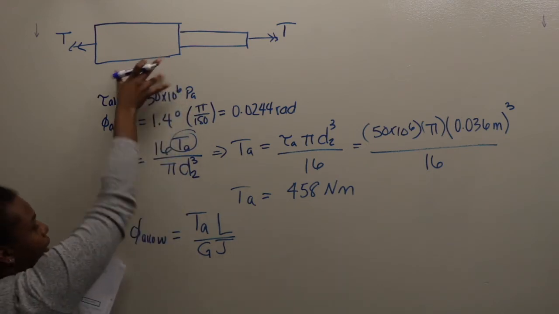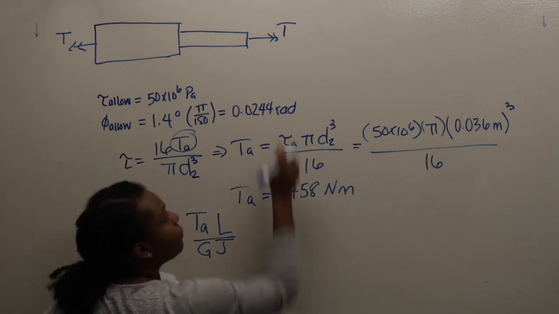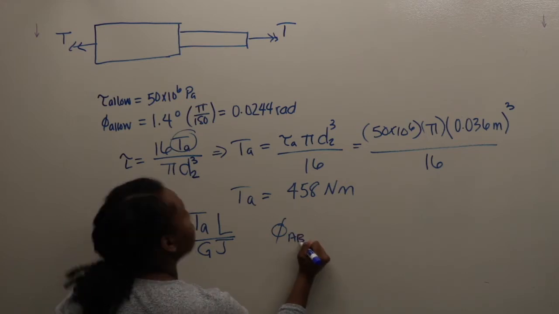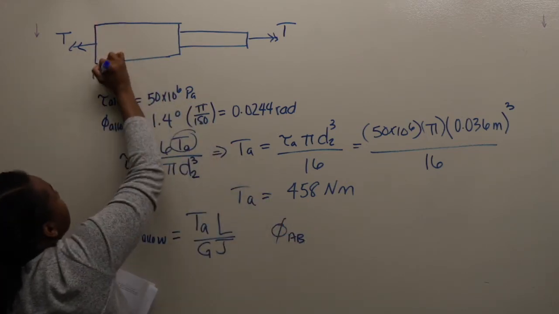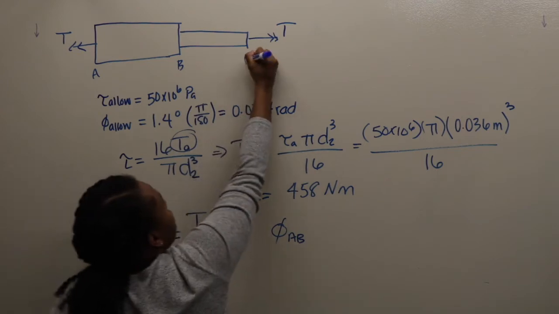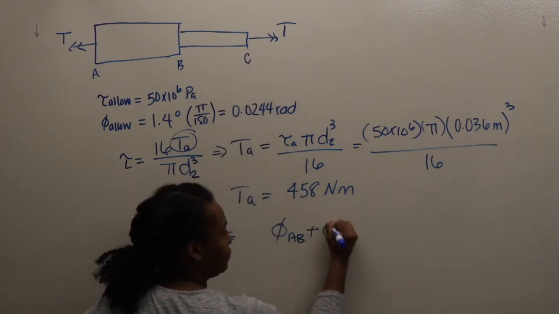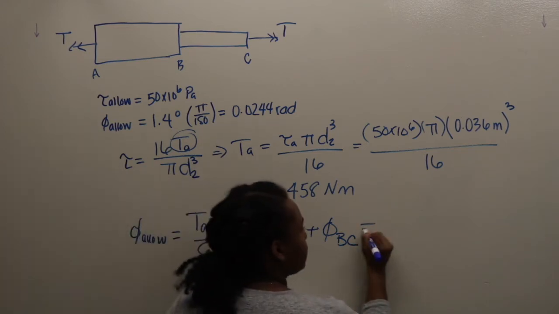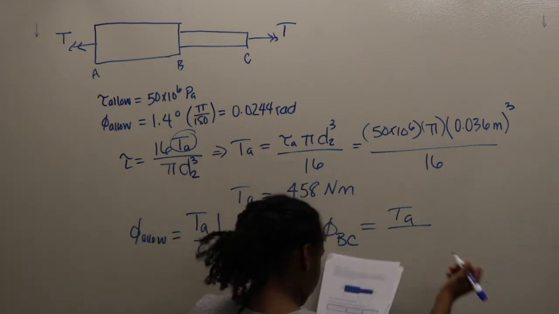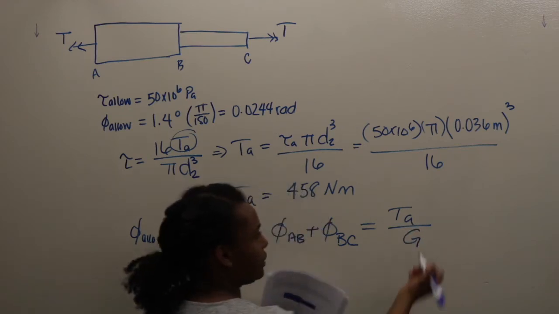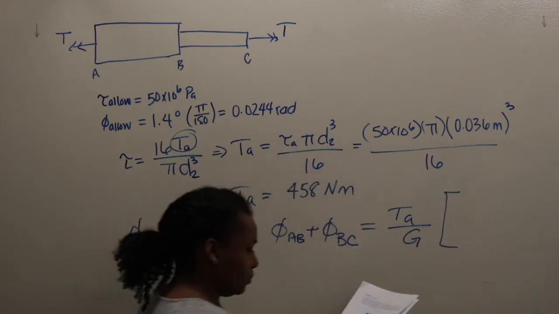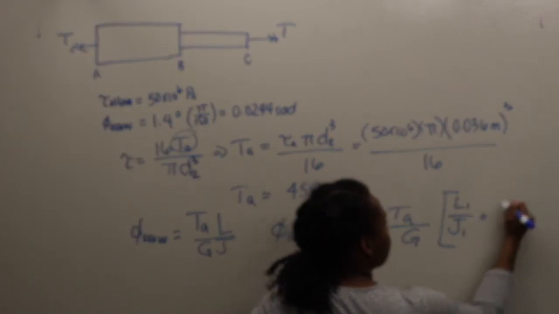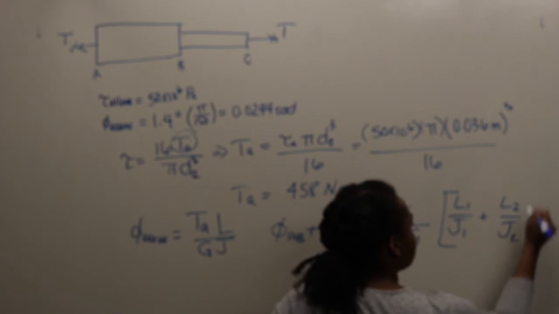So the angle of twist between the ends will be the angle of twist of AB, this is A, this is B, plus the angle of twist of BC, which equals torque allowable over shear modulus, and then you use superposition: L1 over J1 plus L2 over J2.